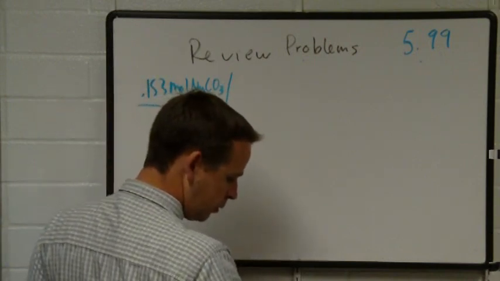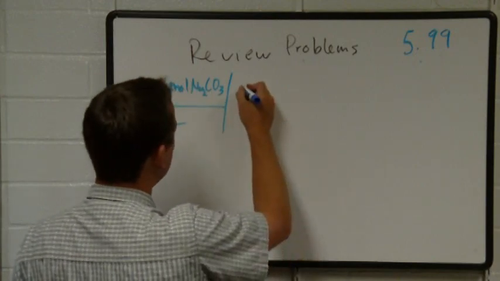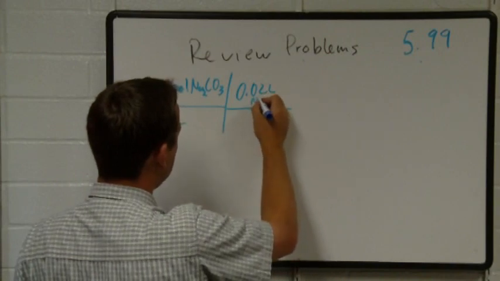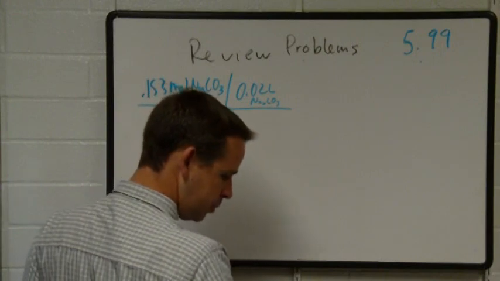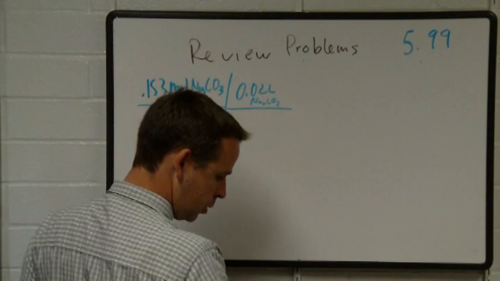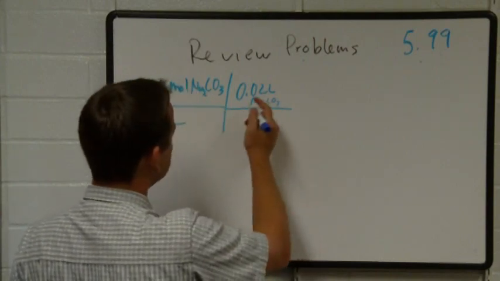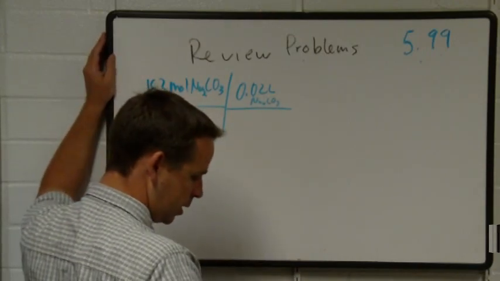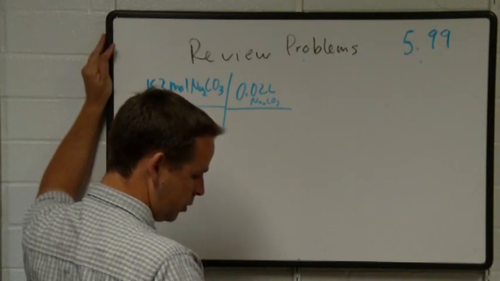And we have 20 milliliters of that, or 0.02 liters of the Na2CO3 solution. So this tells us how many moles. If we multiply the molarity times the liters, it tells us how many moles of sodium carbonate we had in that solution.